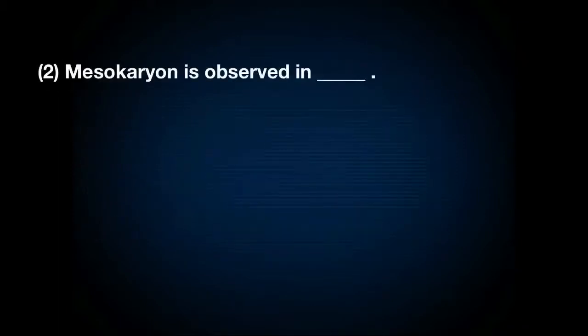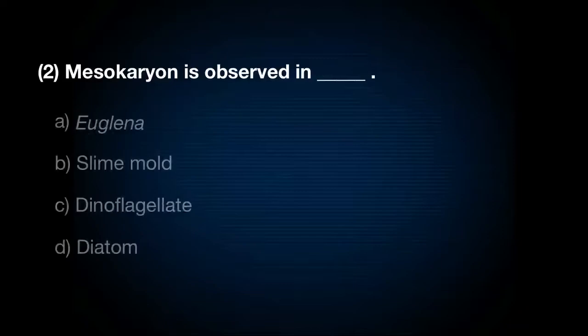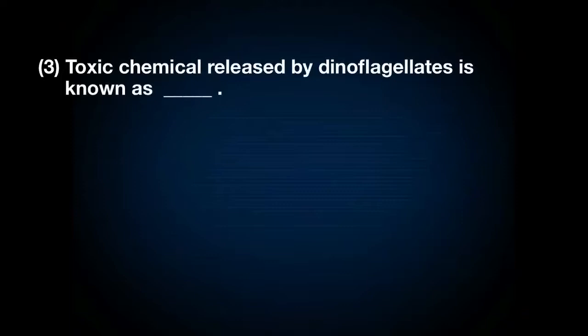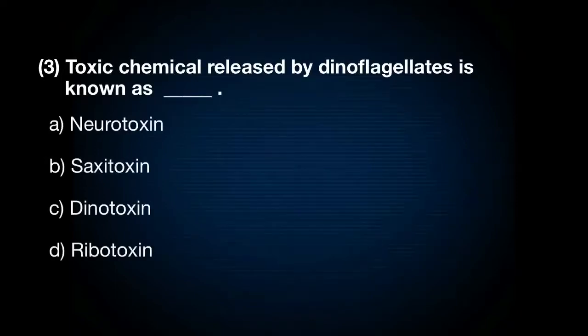Mesokaryon is observed in option A, euglena, option B, slime mold, option C, dinoflagellate, option D, diatoms. Question number 3. Toxic chemical released by dinoflagellates is known as option A, neurotoxin, option B, saxitoxin, option C, dinotoxin, option D, ribotoxin.